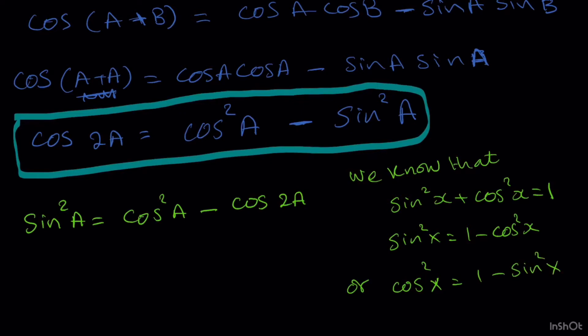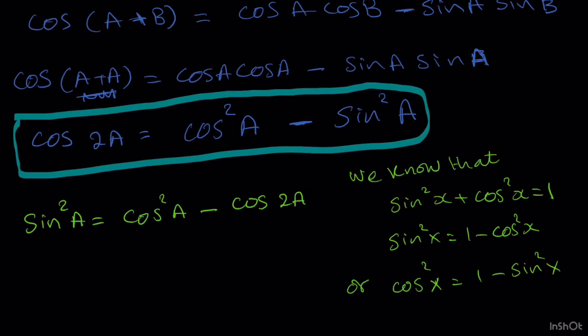It depends which one you want, right? So in this case, instead of cosine squared A, we use 1 minus sine squared, and we'll arrange it. I'm not going to go through this now. I think it's going to come on the next slides.